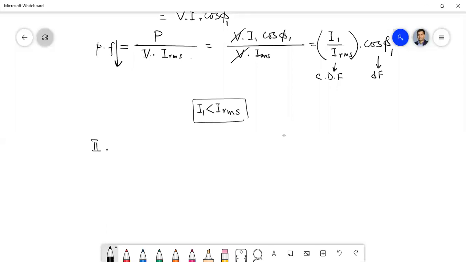So why is it like that? Because suppose you have a source and there are many loads connected with this.